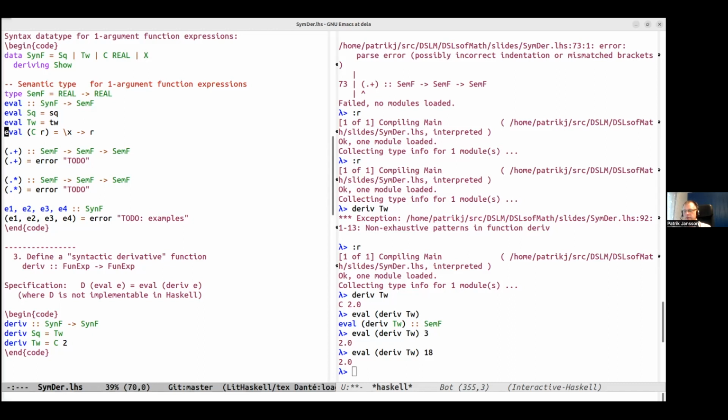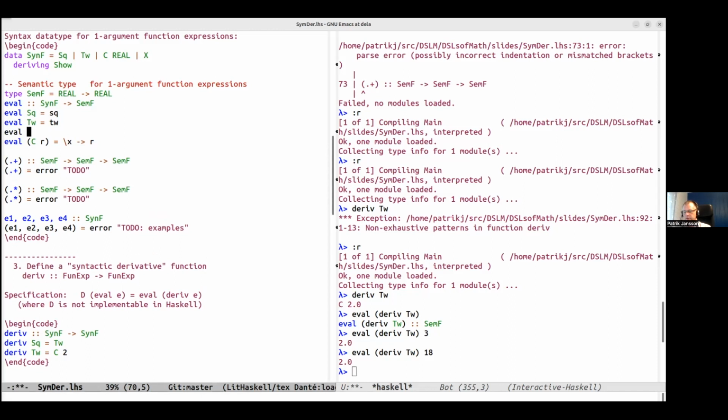So then it's a question, how do we evaluate x? So the idea of x here should be to return the input. So it's actually take an x in and return x. So it's the identity function. Evaluate x at 3 is 3.